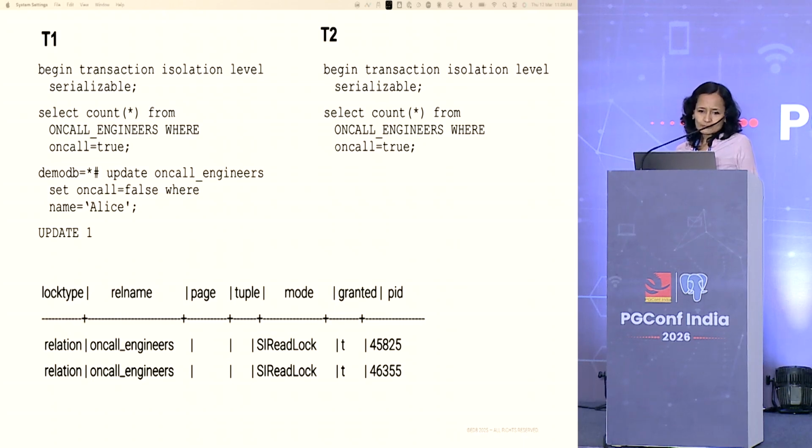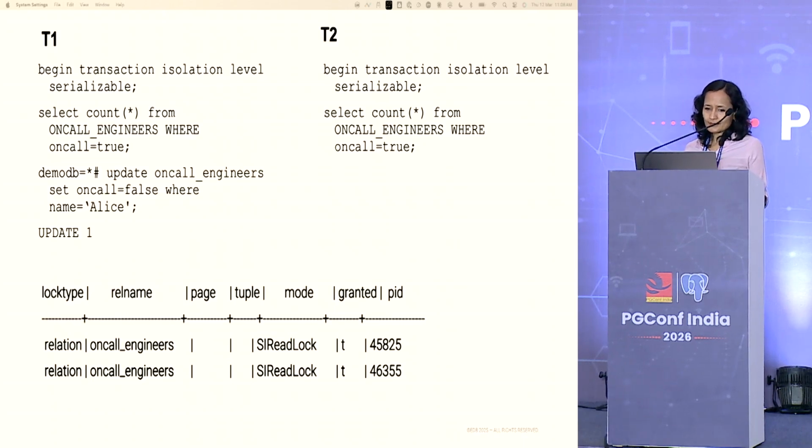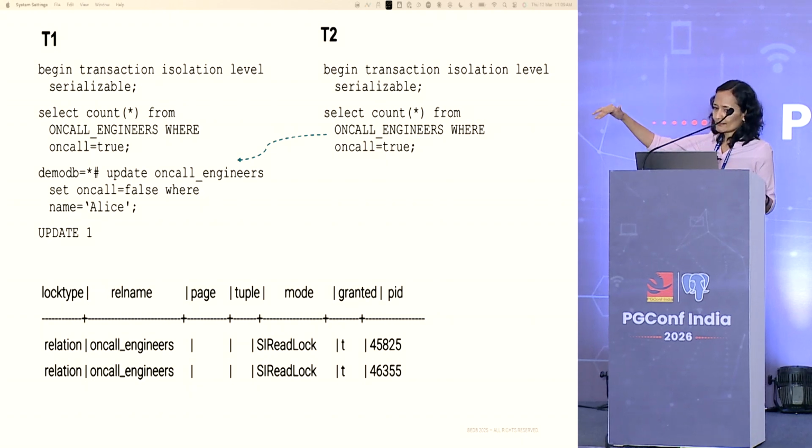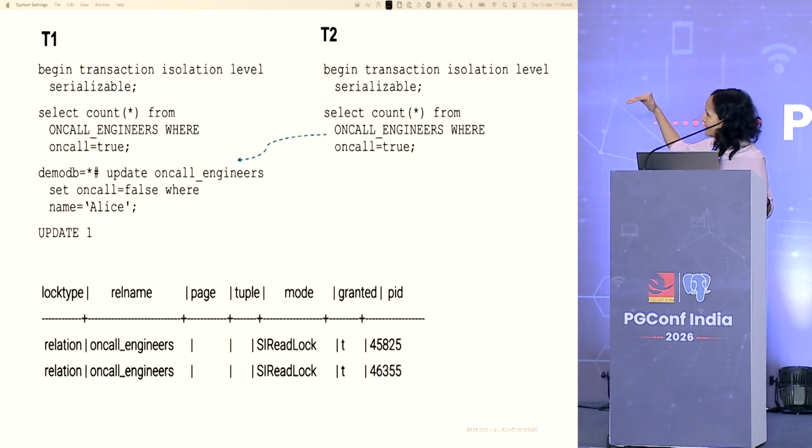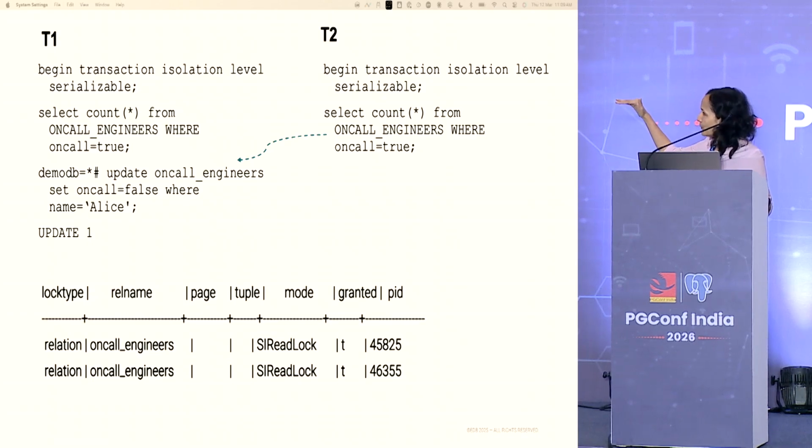Now Alice updates to say that she's off call, and after this update we have an edge going from T2 to T1.